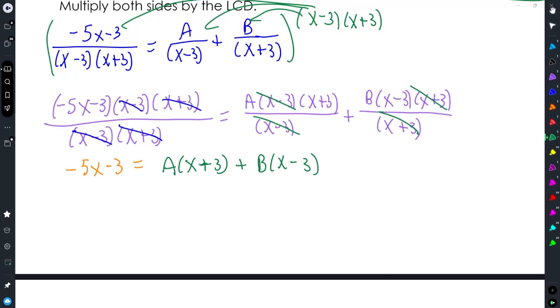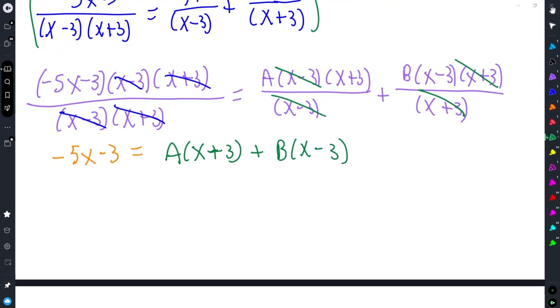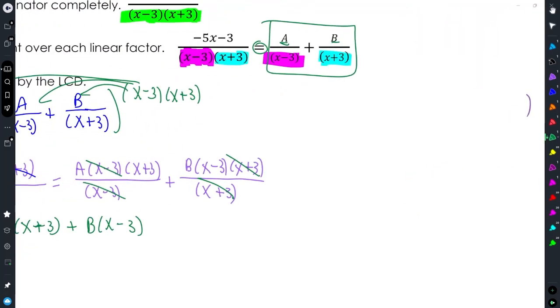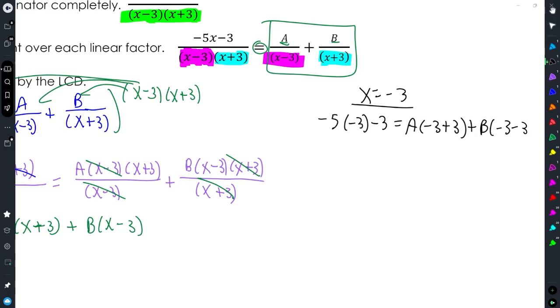If we substitute in, and again, we have an equal sign here, so these two things are equal for all values of x. If I substitute x equals negative 3, that's going to make this part here 0. So I'm going to write this over here where we have room. If x is equal to negative 3, we have negative 5 times negative 3 minus 3 equals a times negative 3 plus 3 plus b times negative 3 minus 3.